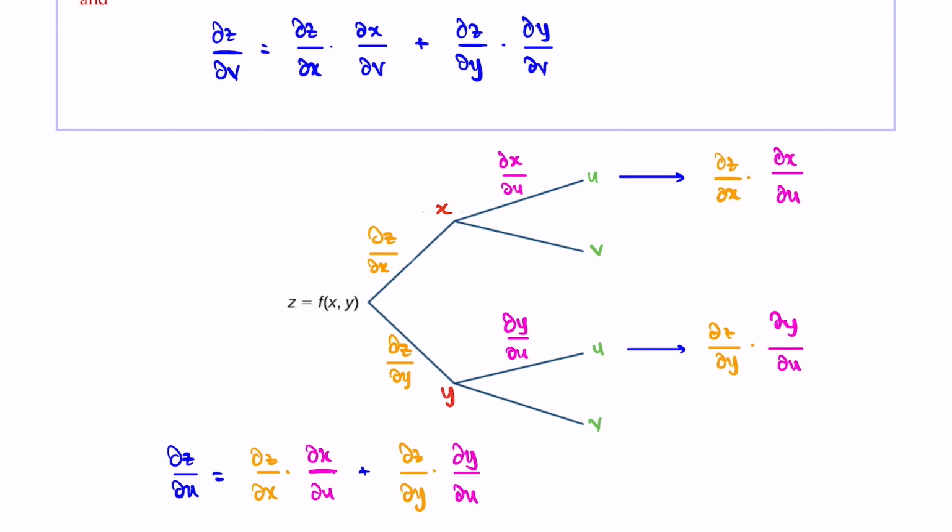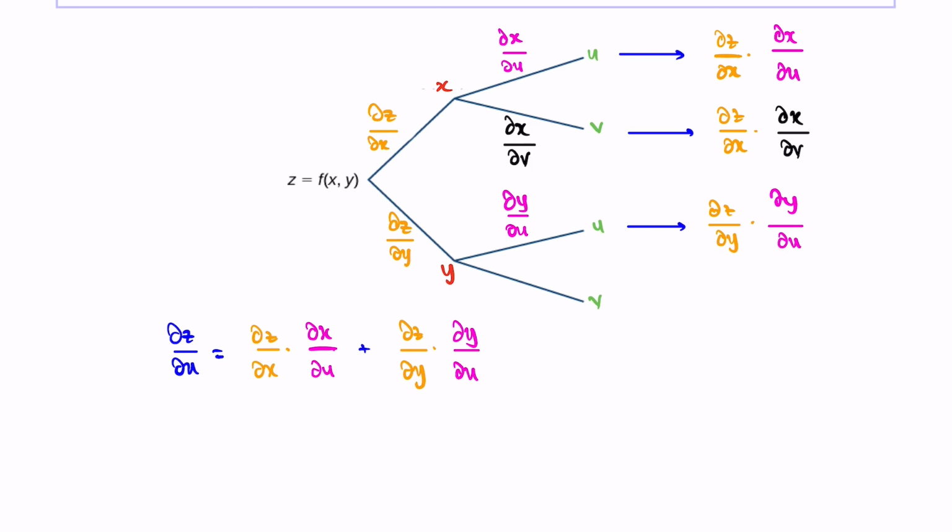Now similarly, we're going to do this for the branch of v. So first we're going to take partial derivative of z with respect to x, and then we're going to do partial x partial v. And from here, we're going to get partial z partial x times partial x partial v. And from this branch, you're going to take partial derivative of z with respect to y, and then you do partial y partial v.